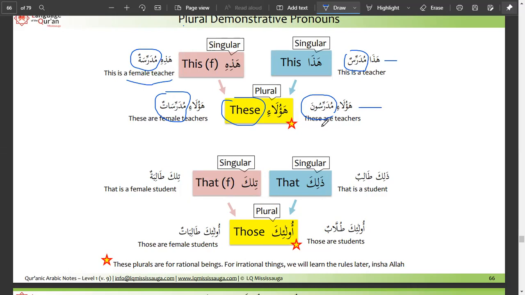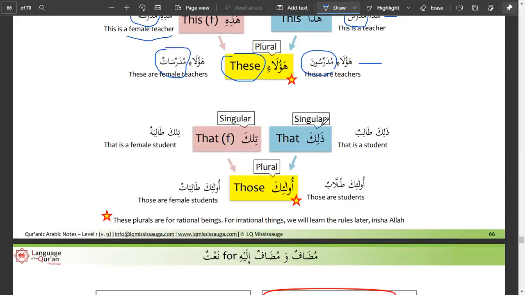And the same with tilka and zalika. Zalika means that, and it is singular masculine. So talibun, a student, is singular, mufrad.